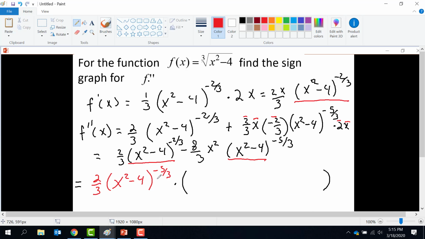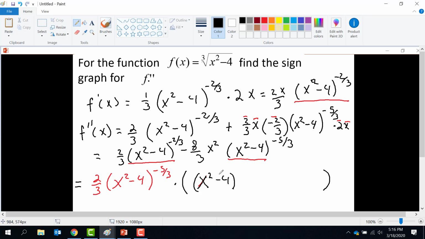So again, what I ask myself is what needs to be here so that when I back distribute all this, I end up here. Okay, so I don't need the 2/3 because I'm bringing in the 2/3. I have an x squared minus 4 to the negative 2/3, so it probably has a base of x squared minus 4, and I have to figure out the right exponent.